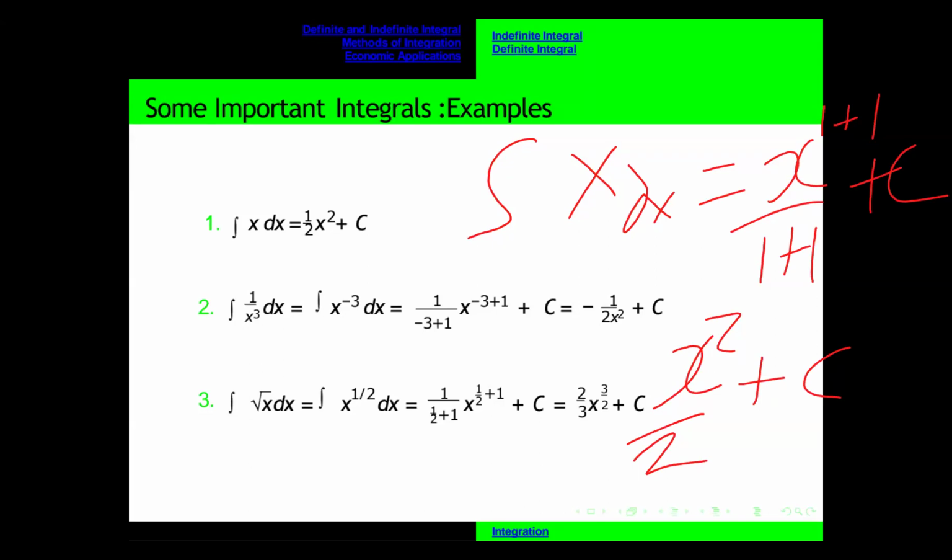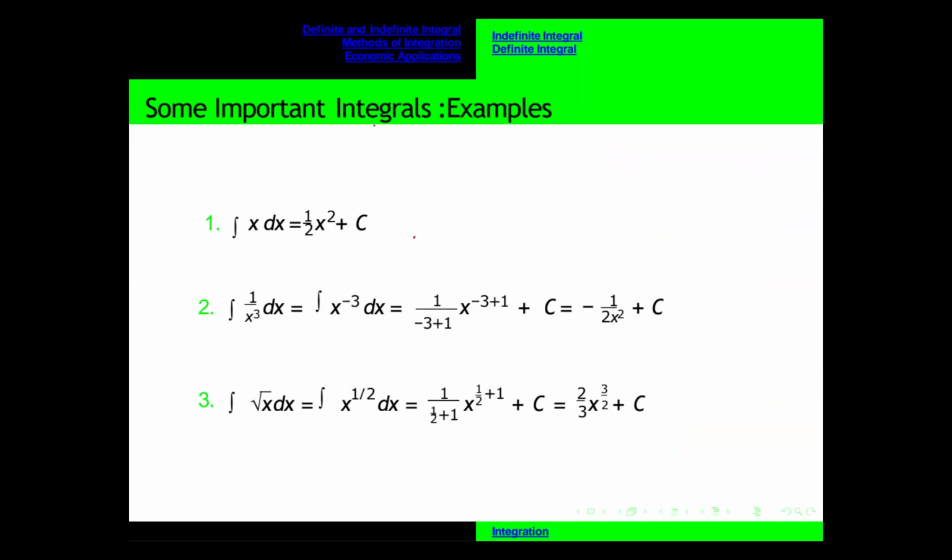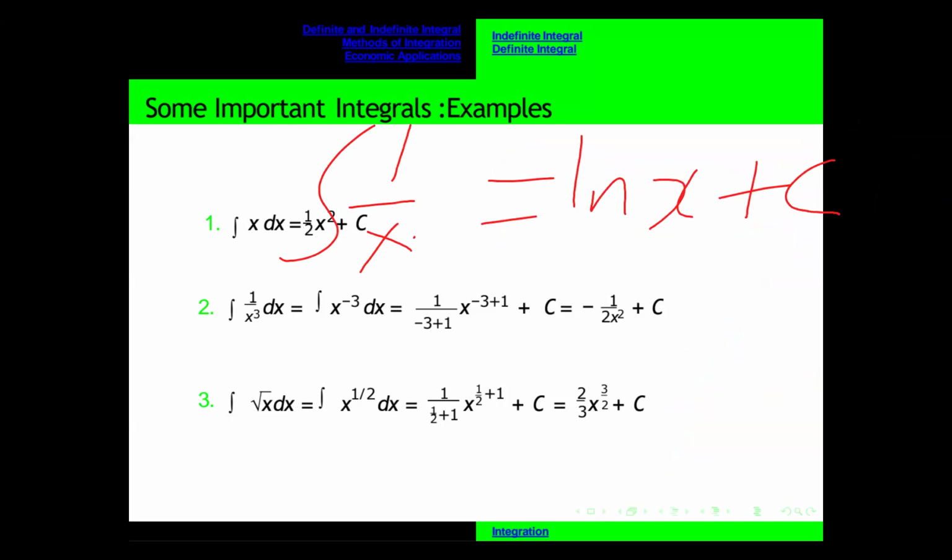What if you are using another example, the second one? Now remember we said the integral of 1 over x is equal to the natural log of x plus c, right? What if it is the integral of 1 over x to the power 3? Like the power here is greater than 1. What is the answer?